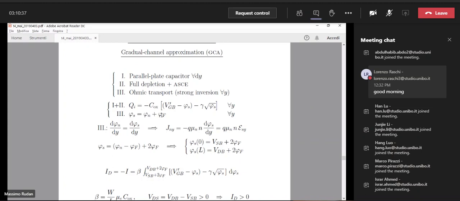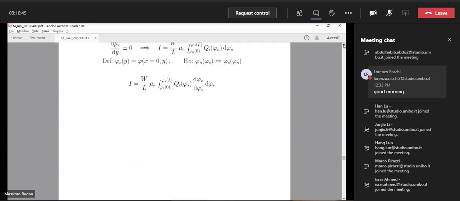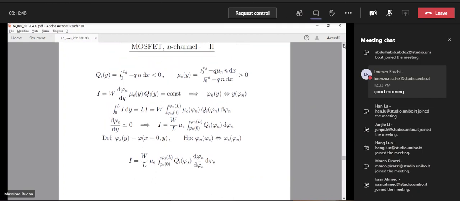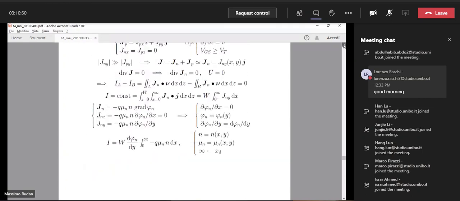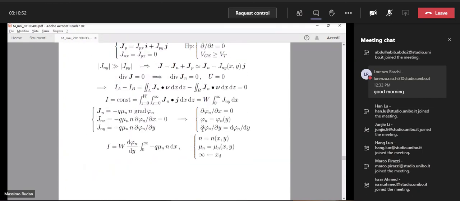Okay, this is easy because we start from the general expression using the monomial form of the current density. So this is true in general, okay?